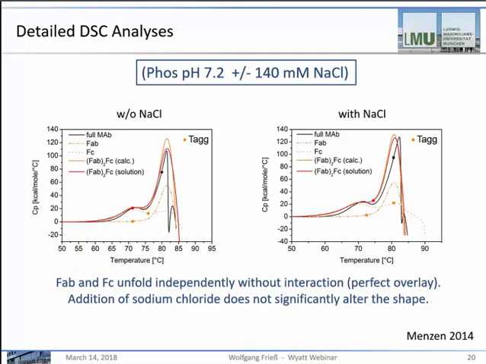The Fab part already aggregates almost when it starts unfolding. Fc shows about the same behavior as in the absence of salt. And also there's a very good overlay between the theoretical, calculated solutions as mixes of the different fragments, as well as the full monoclonal antibody.